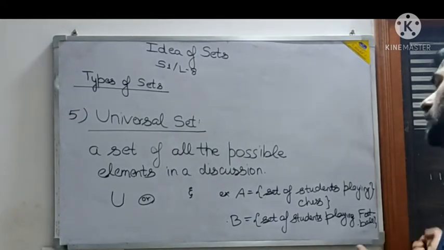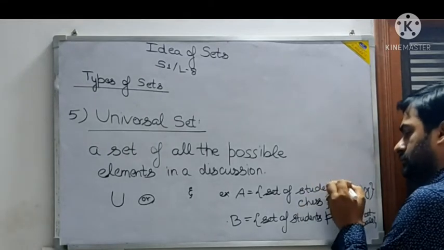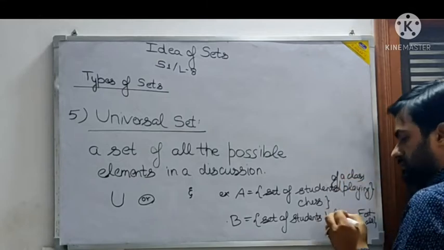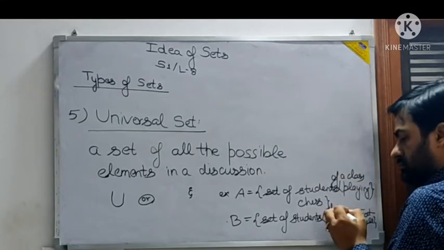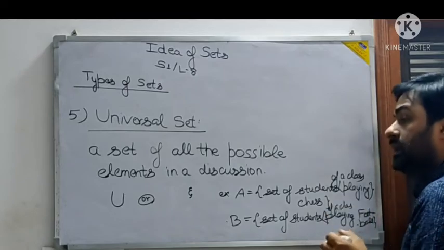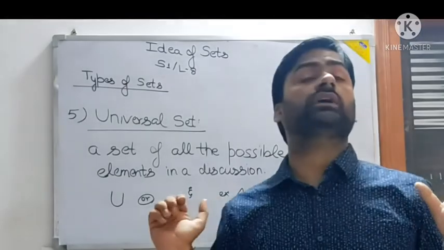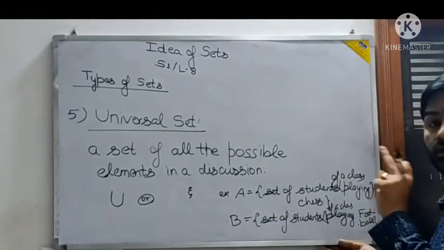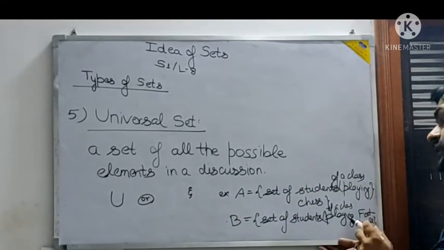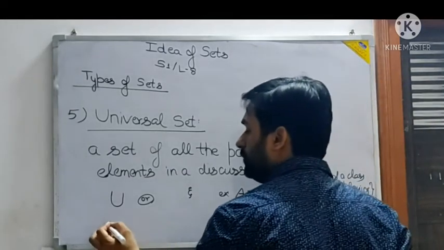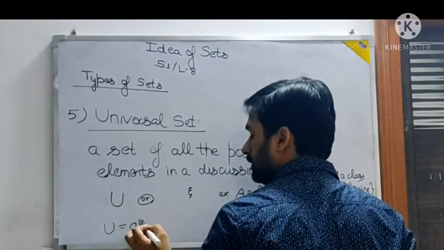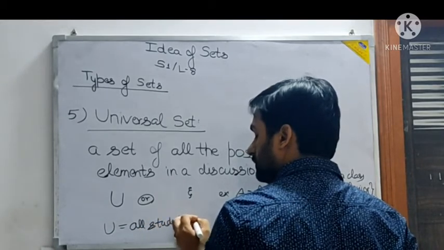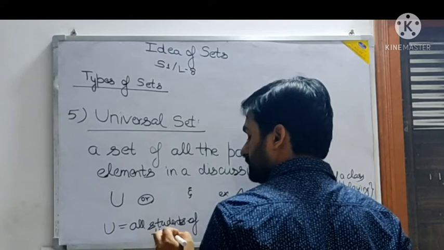And see, if we are talking about a class, then all the students of the class will be the universal set. That means in this discussion, if you are talking about a class in which some students are playing chess and some are playing football, then you will take all students of the class.